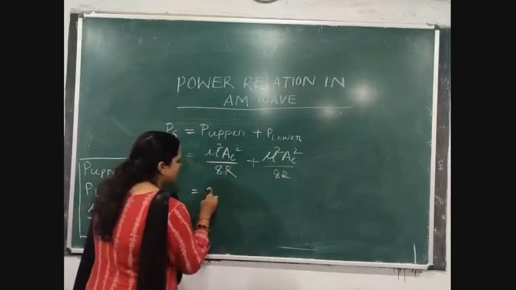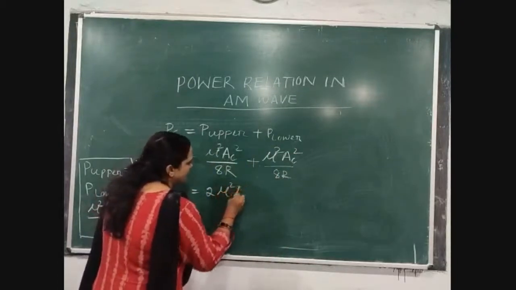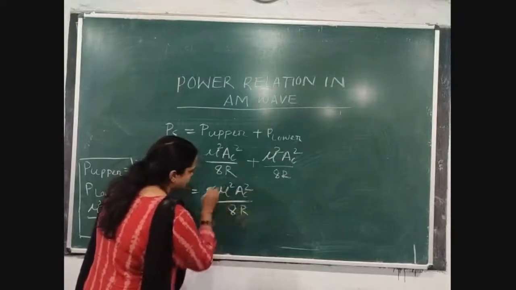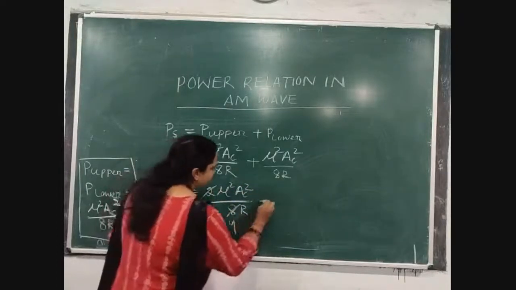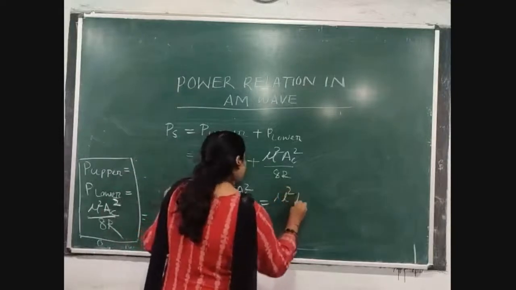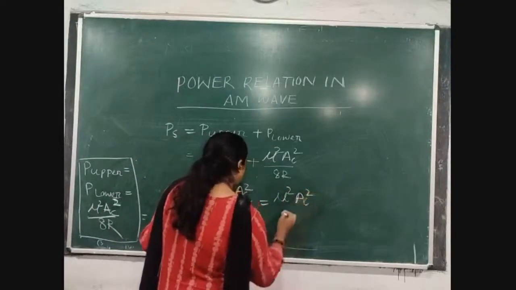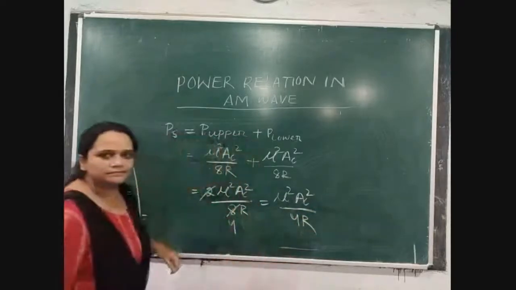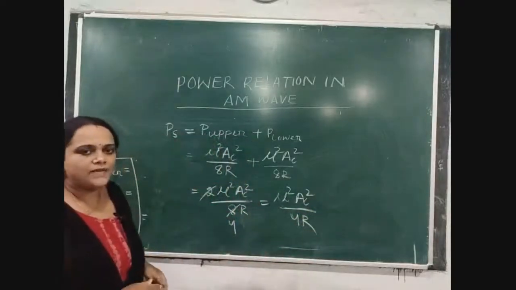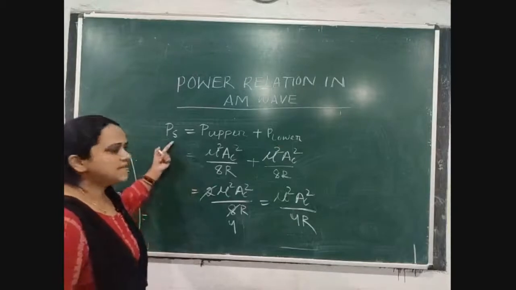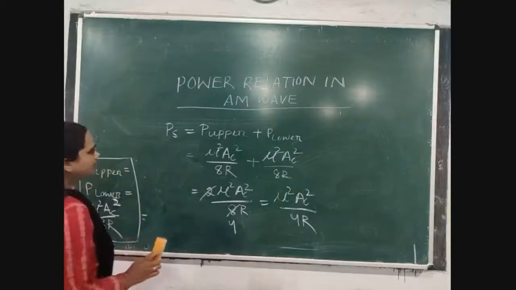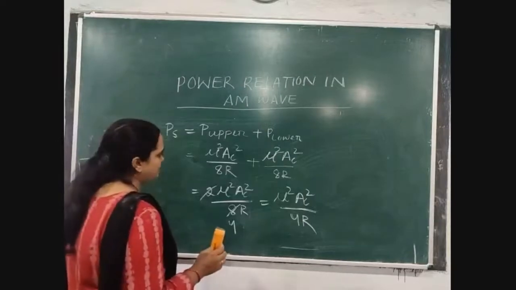So 2 mu square AC square by 8R means mu square AC square by 4R. So now we have the value of PS and PC, so we can easily find the equation for PT.